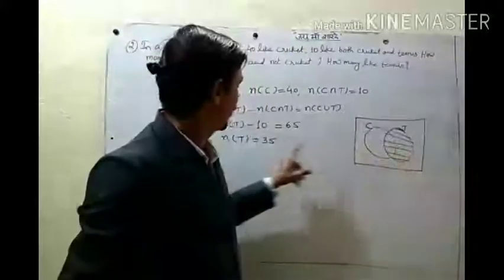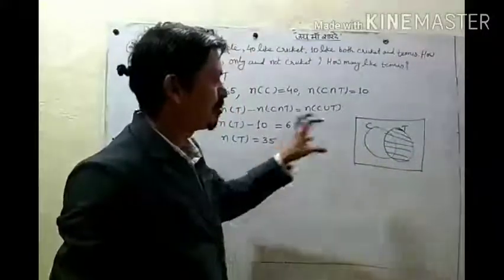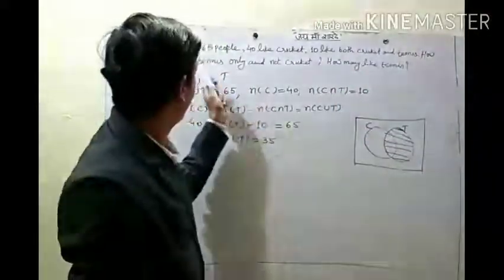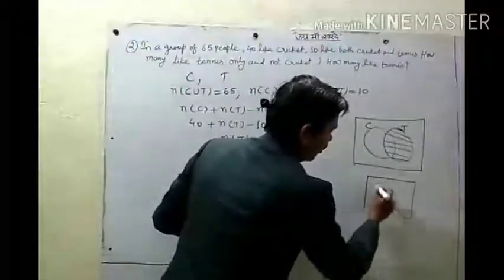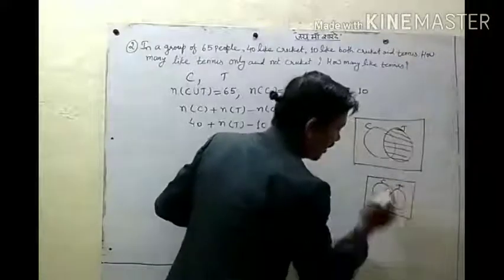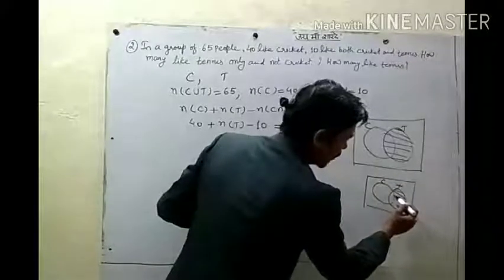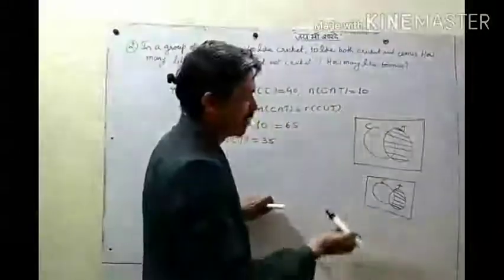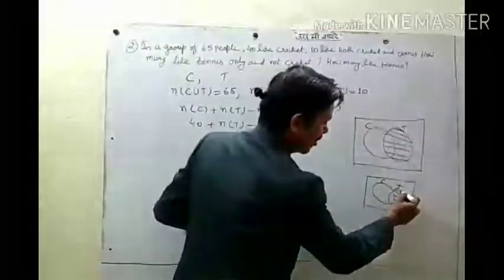So in these 35, some like cricket also. We need only how many like only tennis. Only tennis means what? So this portion represents the number of people who like only tennis.